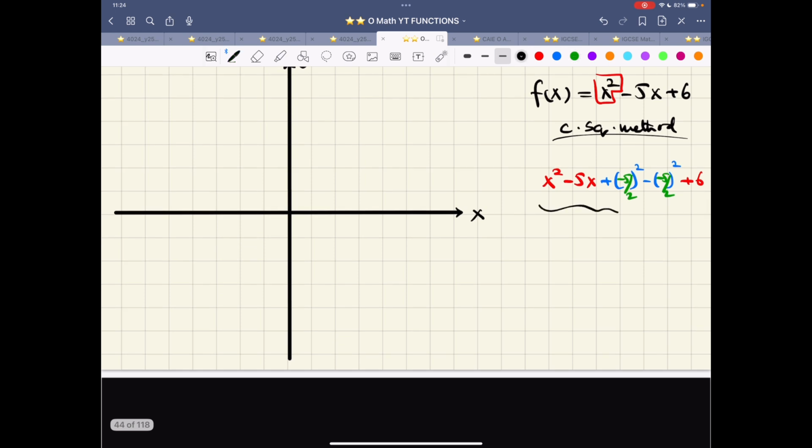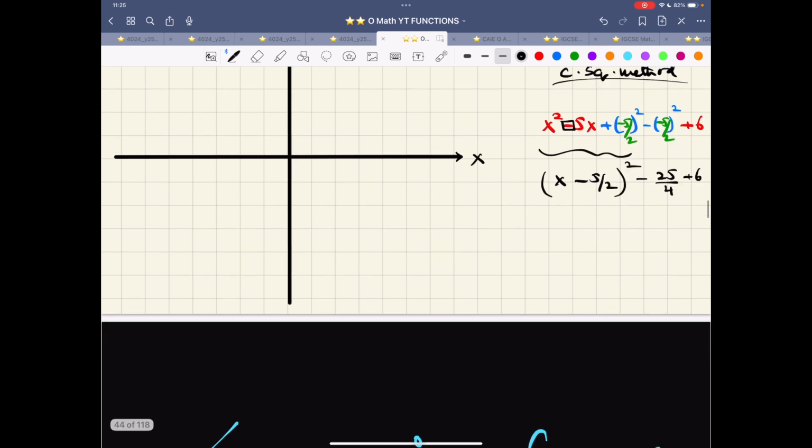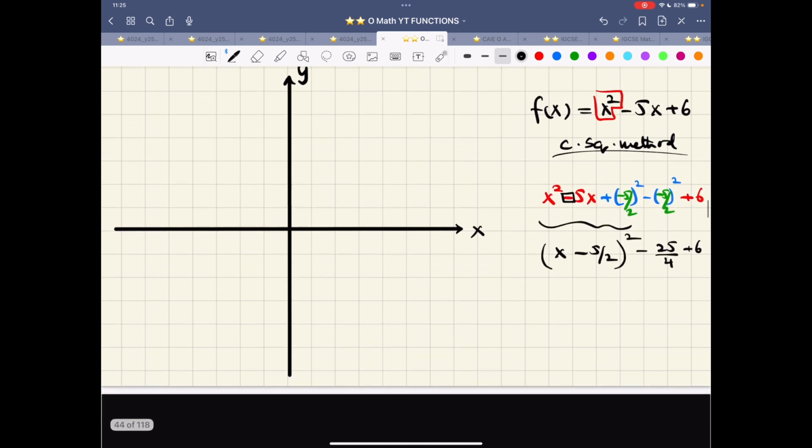Rewrite the first three terms as a perfect square, that is x minus 5 over 2 whole square. Since the middle term is negative, it's of the format a minus b whole square. That is 25 over 4 plus 6, 4 6 are 24. So this is minus 1/4, and this is x minus 5 over 2 whole square.